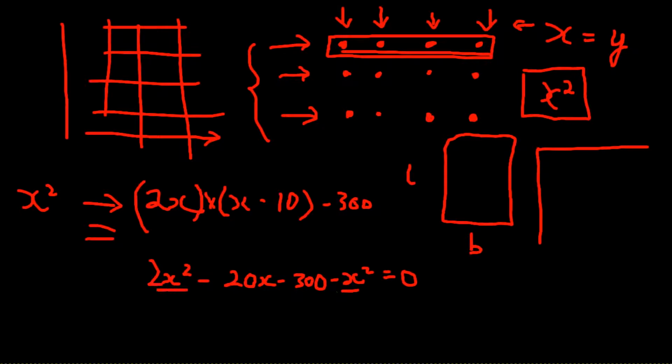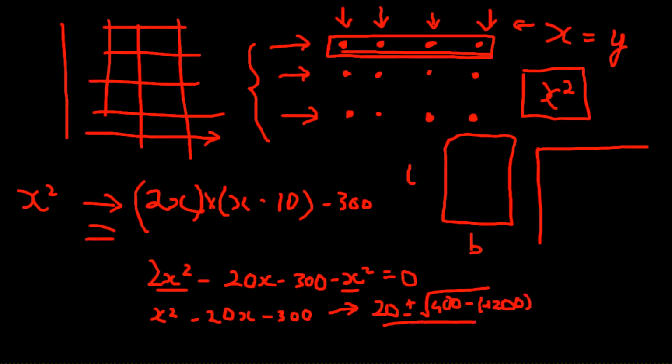So your quadratic becomes x squared minus 20x minus 300. Now I'm pretty sure this can be split, but I'm still going to use the formula. So minus b, that's 20, plus minus root of b squared, 400, minus 4ac, so minus 1200, upon 2a, which is 2.